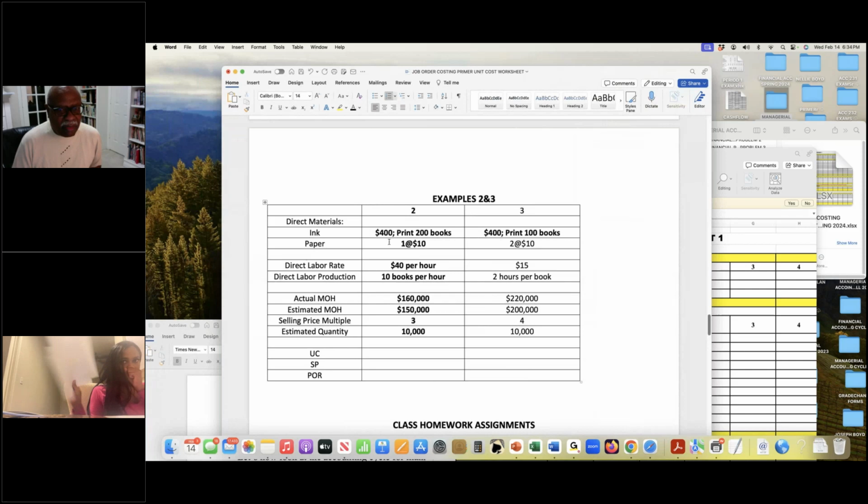Here's your ink, here's your paper, here's your labor rate. Direct labor production, actual MOH, estimated MOH, selling price multiple 3, quantity is 10,000. Get to work and determine for me unit cost, selling price, and POR.